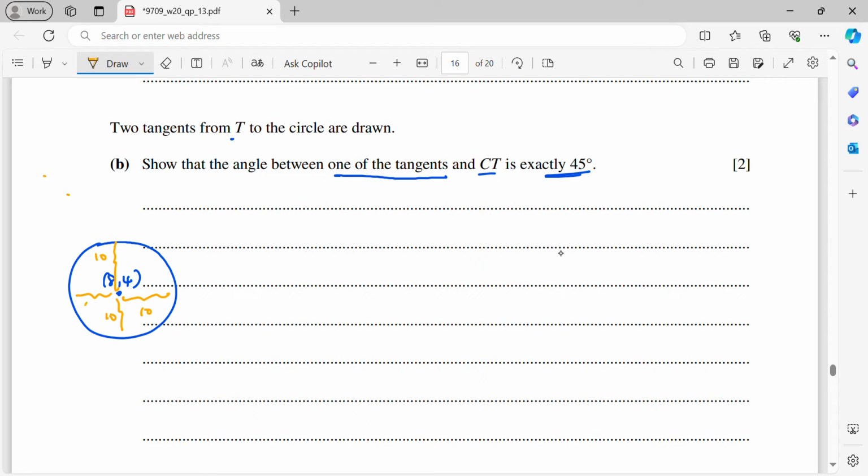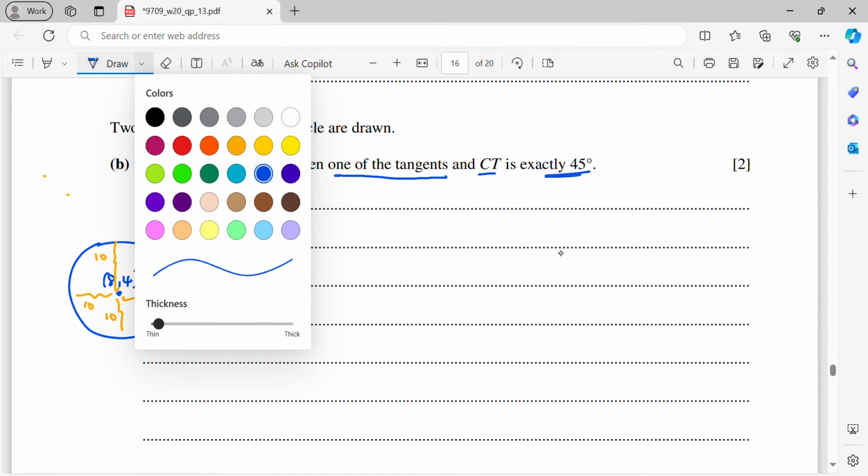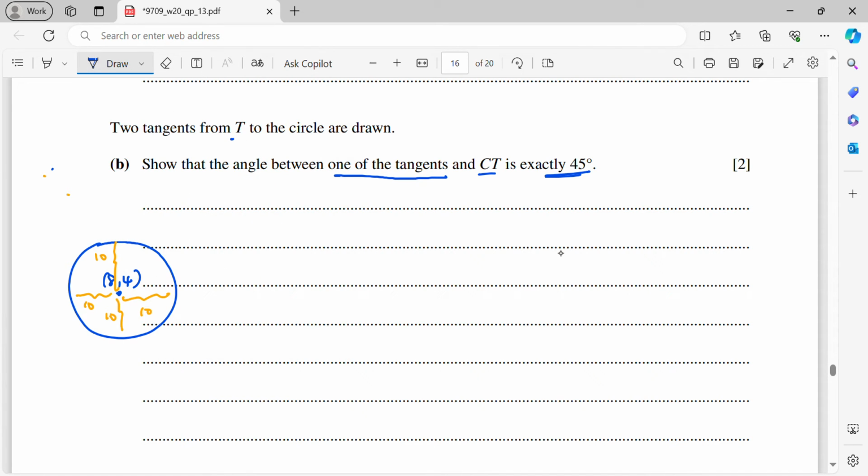So 8 minus 10 is negative 2, here is negative 2. My y here is negative 6.